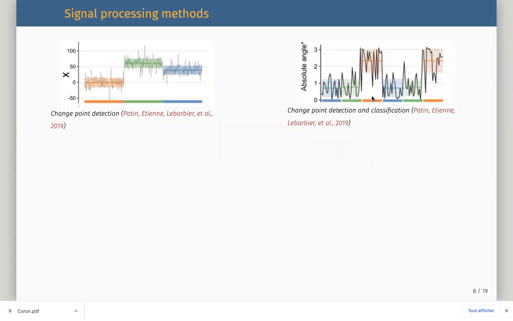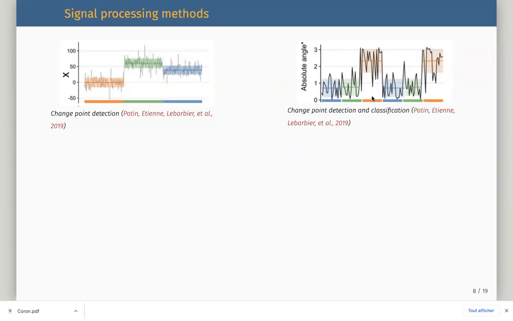And you can also add some constraints by saying that, okay, you have this segmentation process, but when you go back from here, you can see that these two segments are very similar, and you may want to cluster them together and associate them with the same internal state.